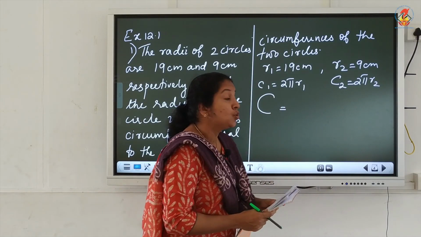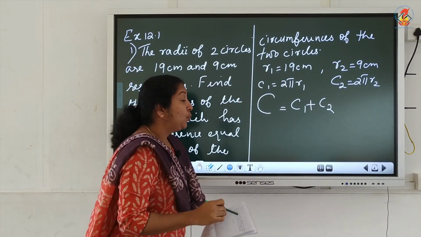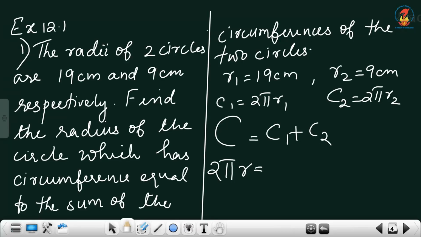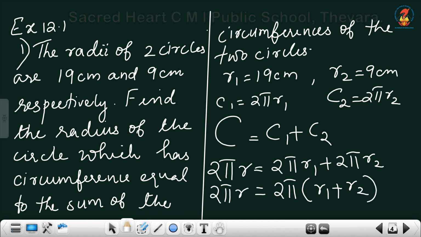So, what we have to get is the radius of another circle whose circumference is equal to the sum of the circumferences of these two, that means C1 plus C2, which we can take as 2 pi r is equal to 2 pi r1 plus 2 pi r2. We can take out 2 pi, which gives 2 pi into r1 plus r2, and the left side is 2 pi r.